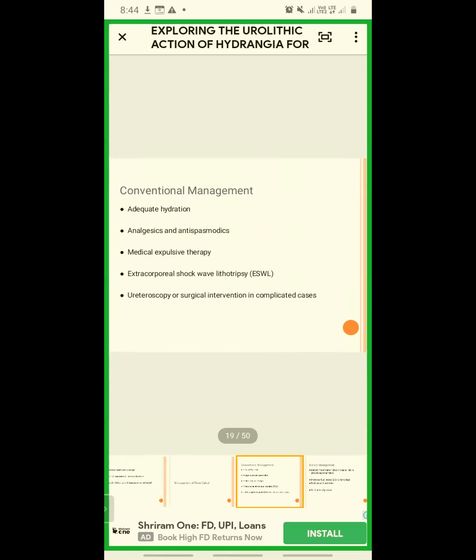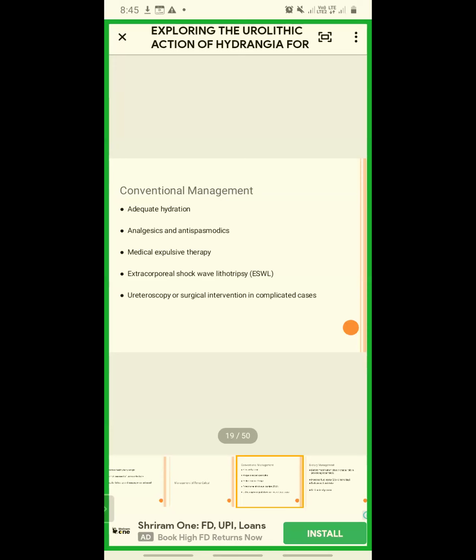So this is the conventional or traditional management. But in most cases, even after doing ESWL or lithotripsy, there is still a tendency for further formation of renal calculi in the same patient. Okay. So homeopathy can do wonders in those cases.